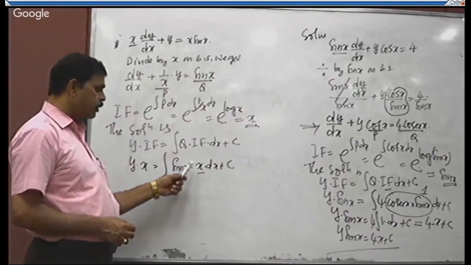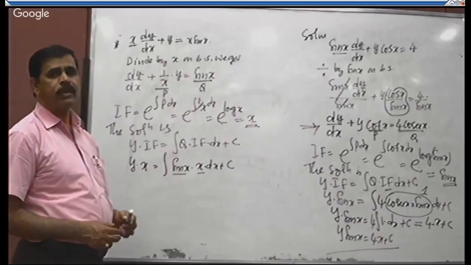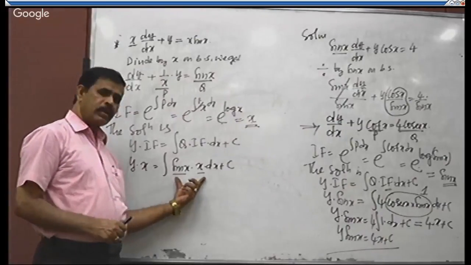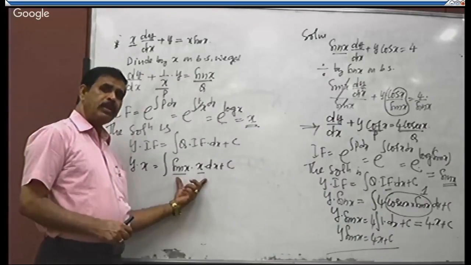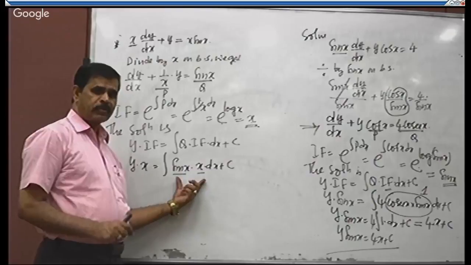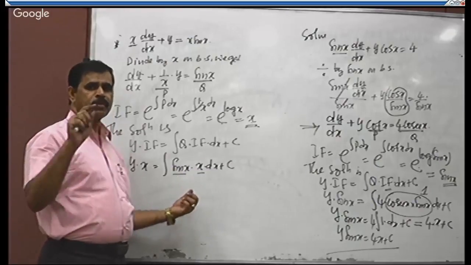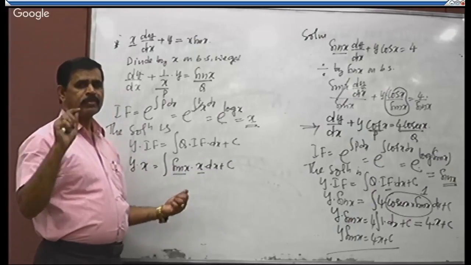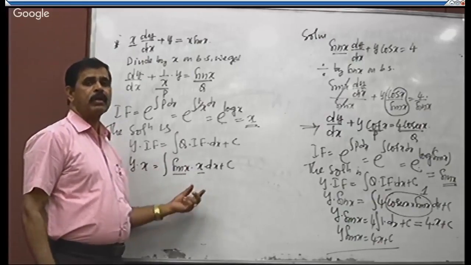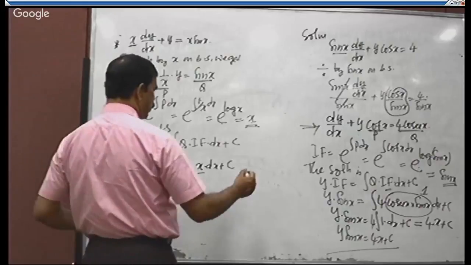There is a product of two terms, x into sin x or sin x into x. How to integrate this? As I mentioned in the previous class, by doing integration by parts, if there is a product of two terms and one is not the derivative of the other, then you should go for integration by parts.